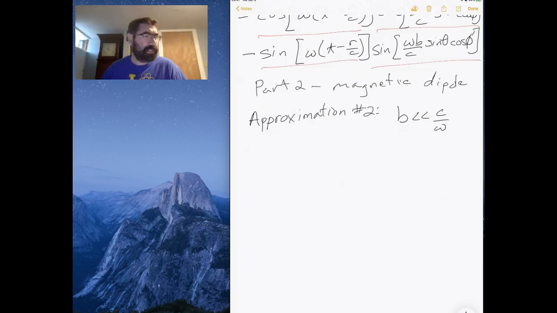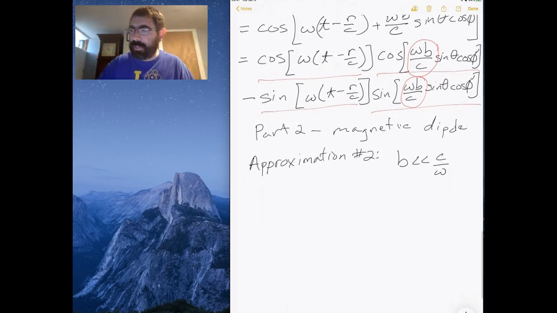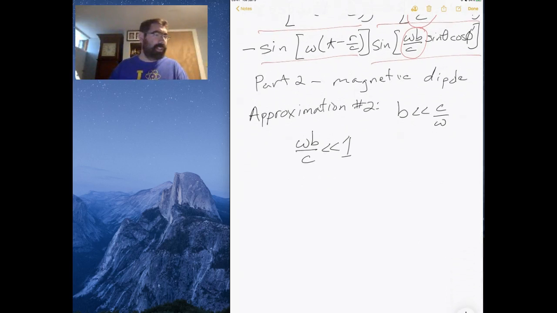So when we do that, I take a look at my different terms, and I see that I have a term here, which is omega b times c and omega b times c. What this approximation is telling me is that omega b over c is much, much less than 1. Okay, so what's the effect of that? Well, you can think of this as almost a 0.